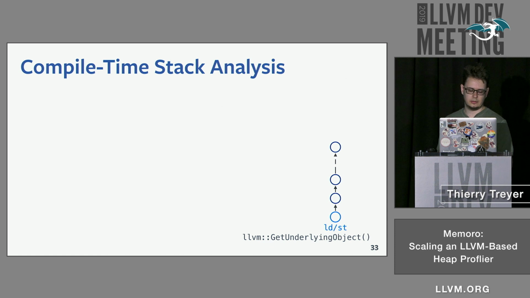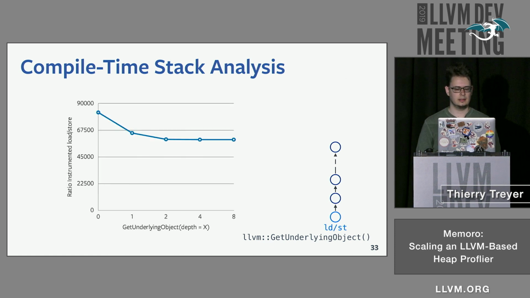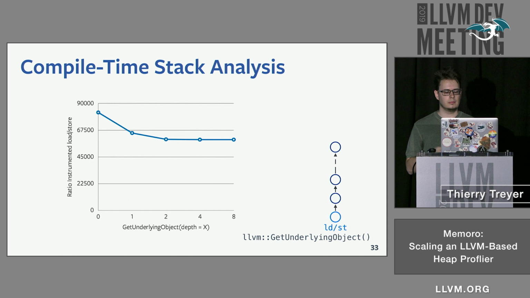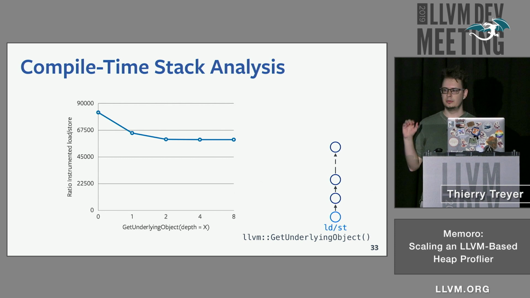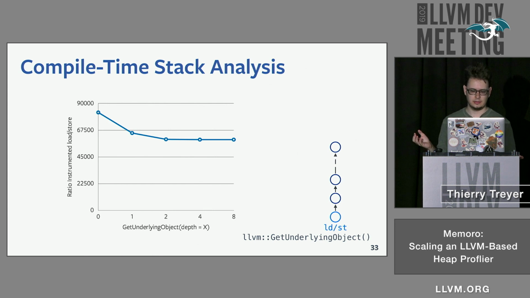But what we discovered is that playing with the depth, it flattened out really quickly. And we still have like 50% of all our loads and stores targeting the stack, even with a depth of 8.